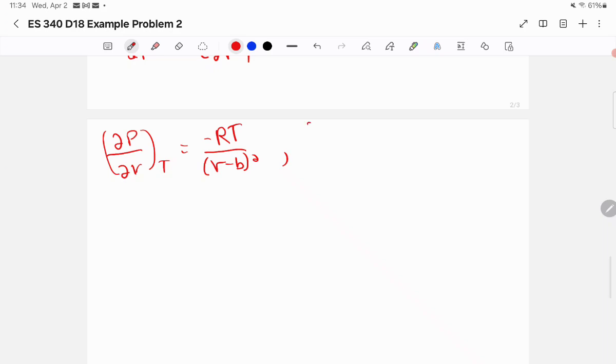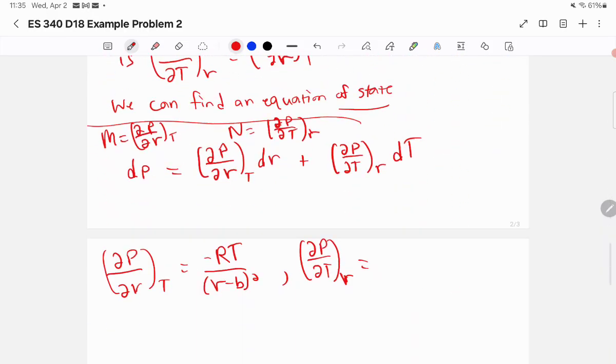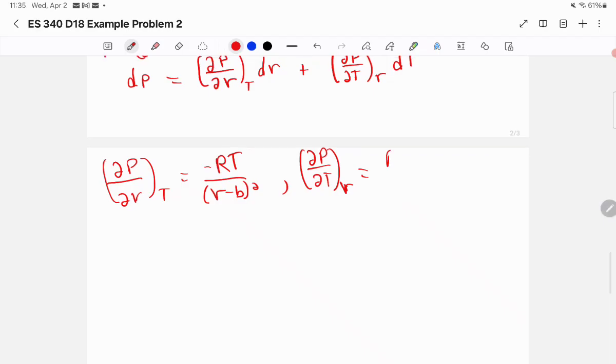And dP/dT holding V constant must be equal to what we called N, which was R over (V minus b). Okay, so that's what we have here.